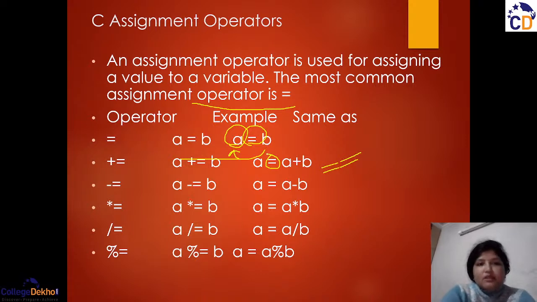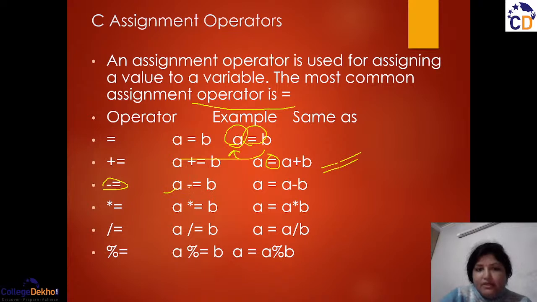Then this assignment operator can be used with any of the other arithmetic operators as well, like plus equal to. If you expand this statement, minus equal to, it would be written like this: a minus equal to b.